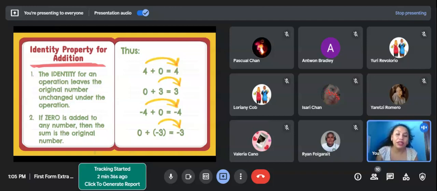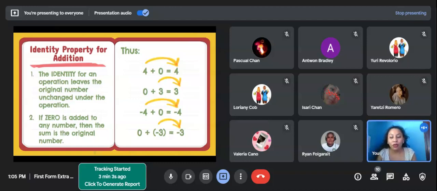So when we talk about identity property, for example, take a look at yourself. I take a look at me. I am Miss Mai. I am the math teacher. My identity is Miss Mai. Nobody can change my identity, right? I can't be Miss Mai today and then tomorrow I'm Miss Cal or the next day I am Miss Pat, and I change who I am every day.